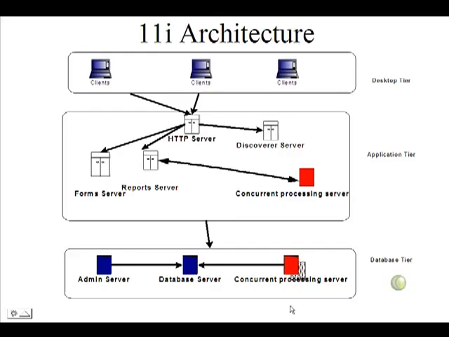Now there might be a situation where you have to do a 2-node install or a 3-node install, and there can be various nodes of the same type. So you may have the Apache and the form server sitting on the same node, and these nodes can be replicated horizontally through a load balancer server, and you may have the concurrent processing tier separate from the database tier.